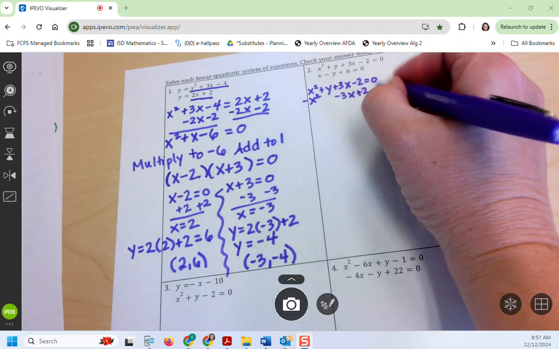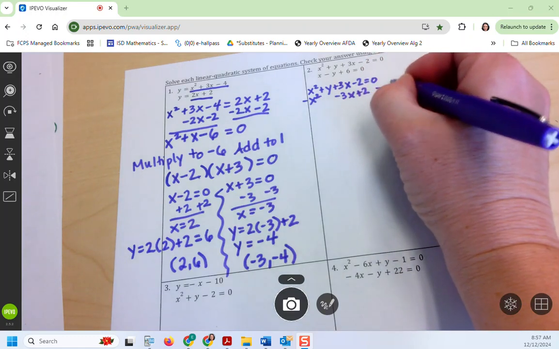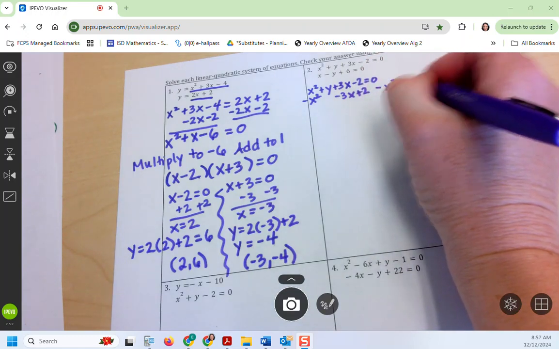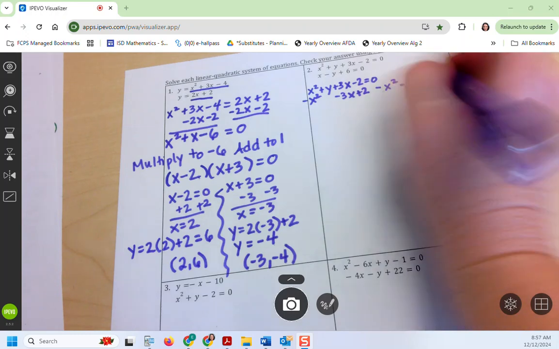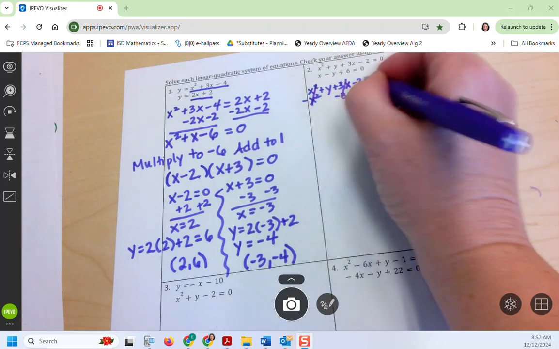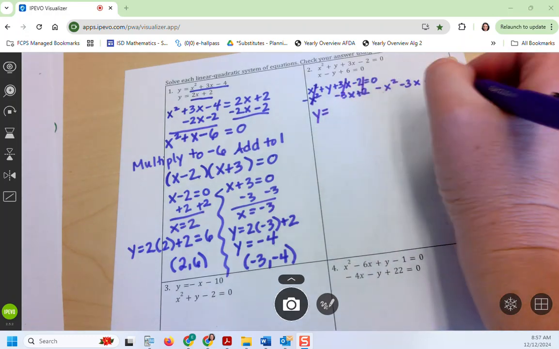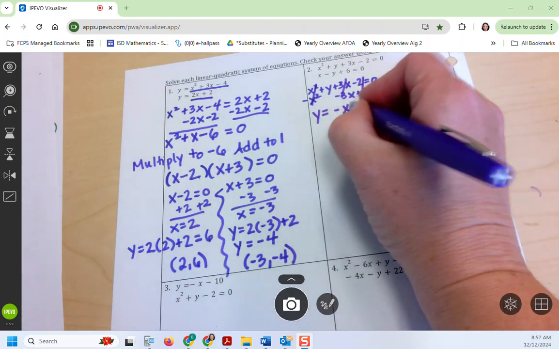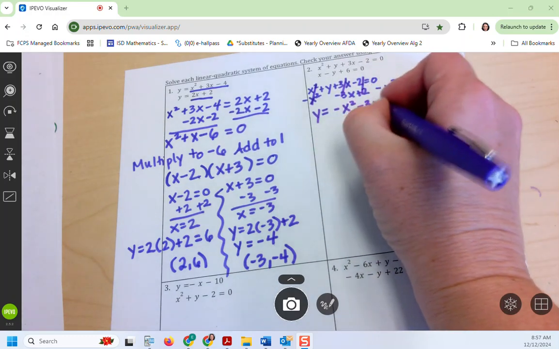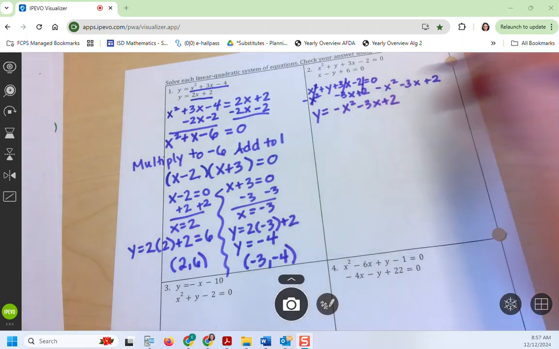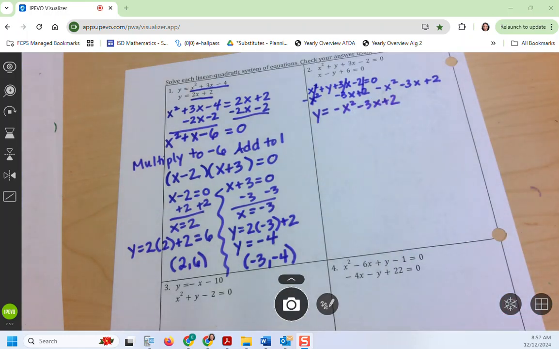And then over here on the other side, subtract x squared, subtract 3x, and add the 2. So that cancels, that cancels, that cancels, and I get y equals this. So I had to get y by itself, and so I moved everything to the right side. That was my first equation.